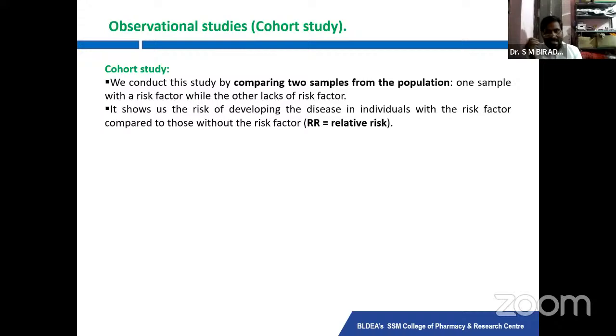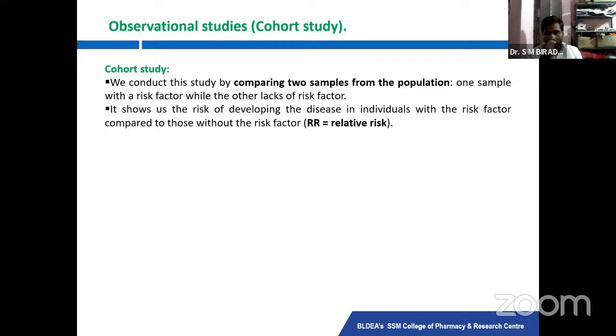Then I check the blood pressure of group 1 and of group 2. Then I come to know that the smokers group, group 1, have hypertension, and group 2 don't have hypertension. When you conduct this type of study, it is called a cohort study.